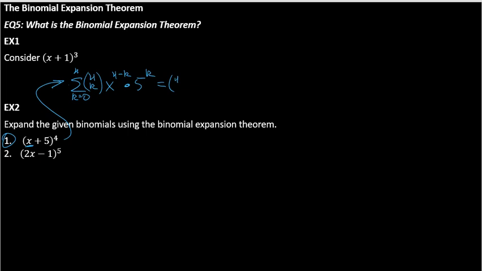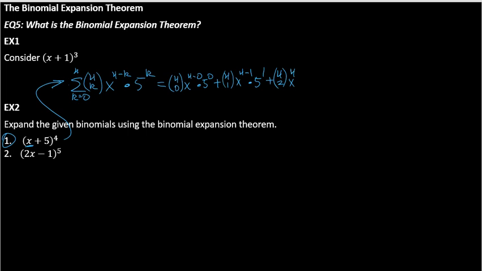So 4 choose 0 times x to the 4 minus 0 times 5 to the 0, plus 4 choose 1 times x to the 4 minus 1 times 5 to the first, plus 4 choose 2. And you can see how this pattern is going.